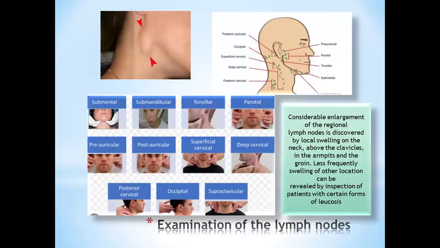Colleagues, here you can see a picture of palpation, examination of lymphatic nodes. Here you can see visible enlargement of lymphatic nodes. Here you can see a schematic of the lymphatic nodes which are present in the head and neck: submental, submandibular, tonsillar, parotid, preauricular, postauricular, superficial cervical, deep cervical, posterior cervical, occipital, supraclavicular.